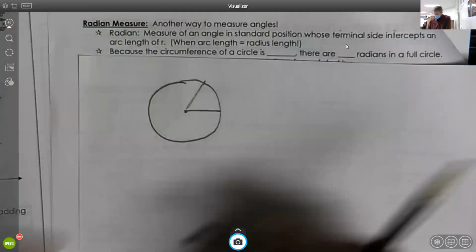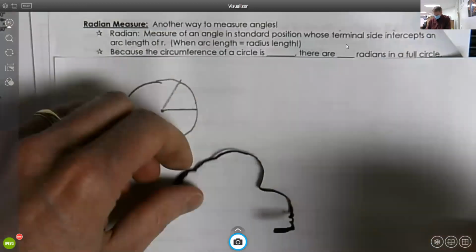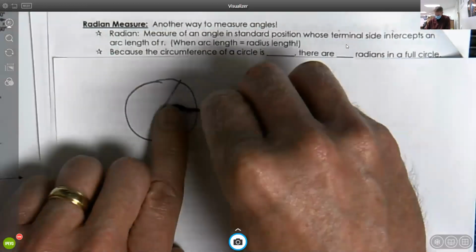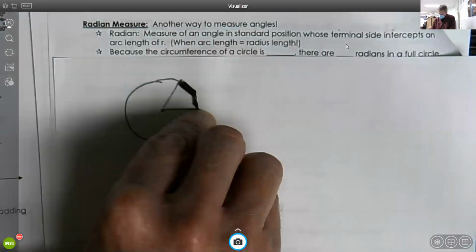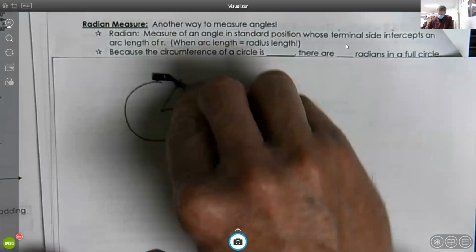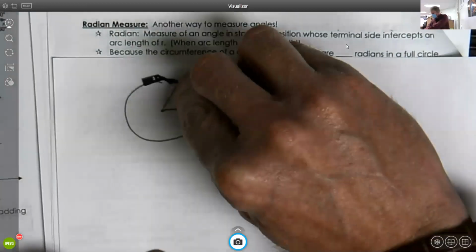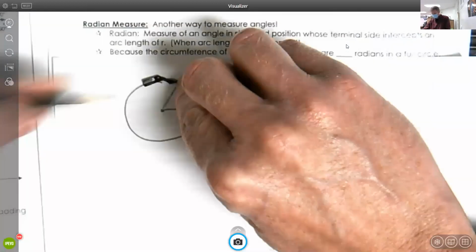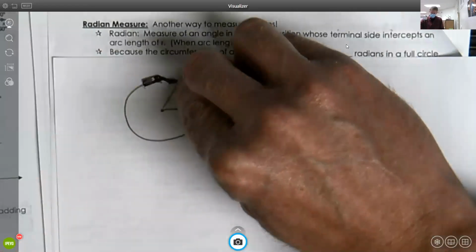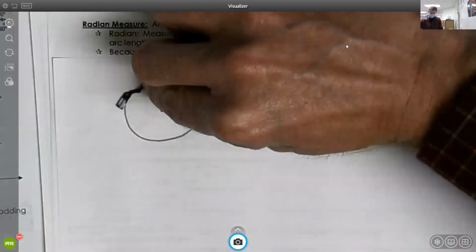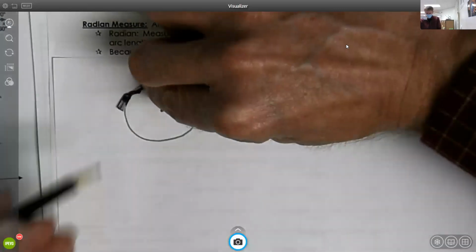So if we come over, since I lost my measurement, and that was 1 radian, this comes out to be 2 radians. If we do it a 3rd time, we come out to be about here.